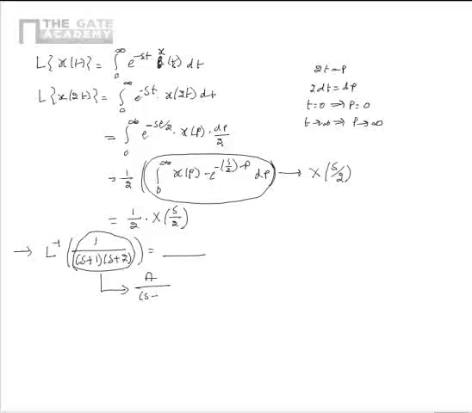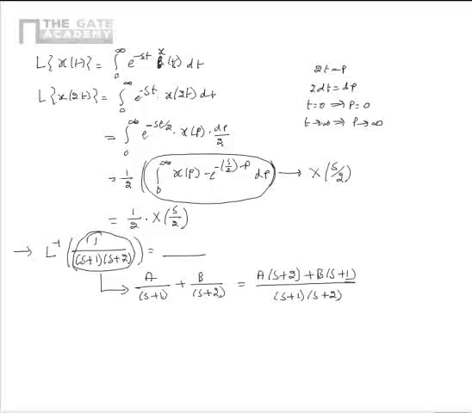So the term becomes A by s plus 1 plus B by s plus 2. So this can be written as A into s plus 2 plus B into s plus 1 divided by s plus 1 into s plus 2.